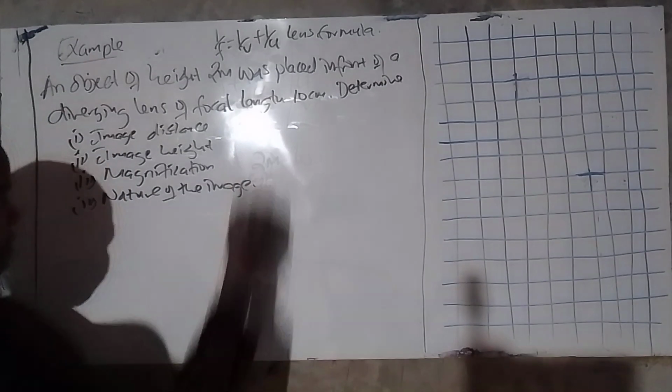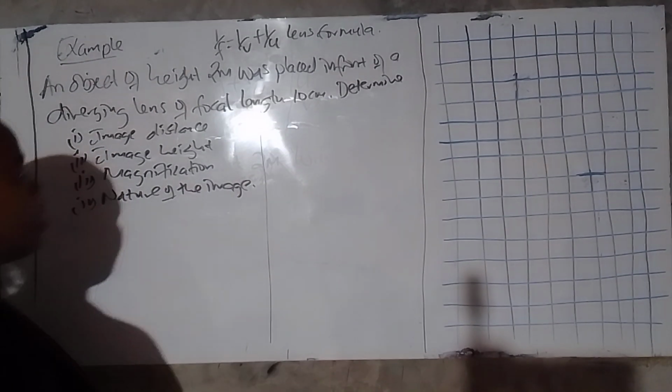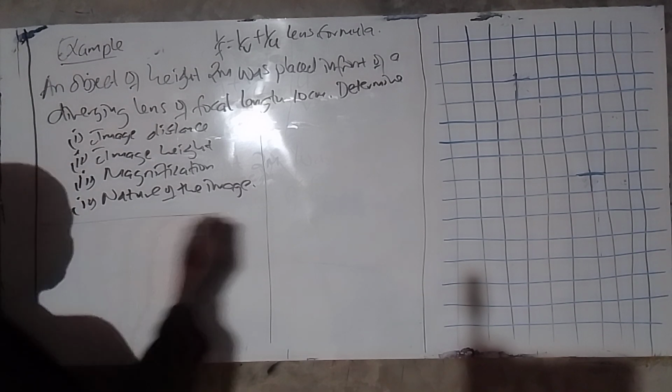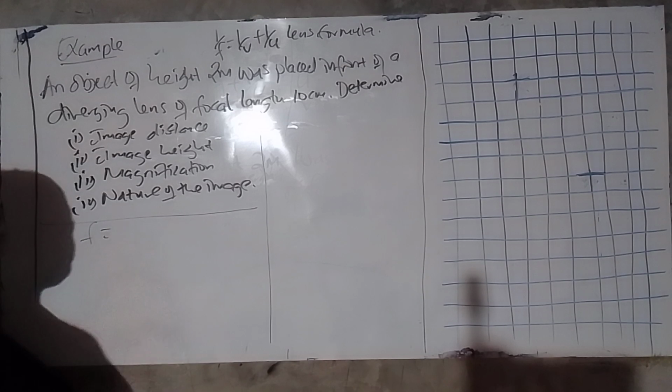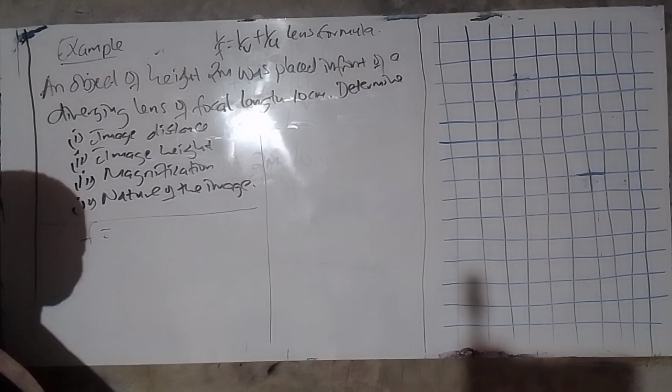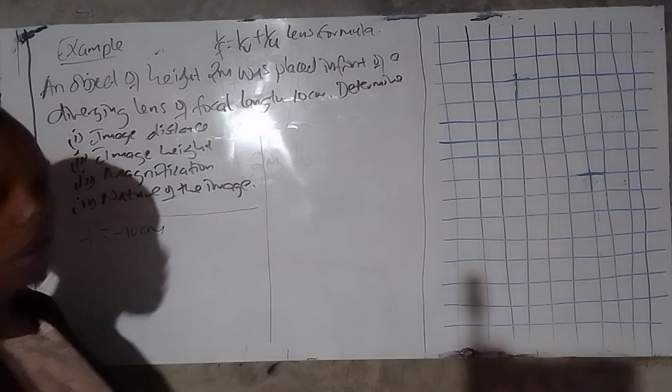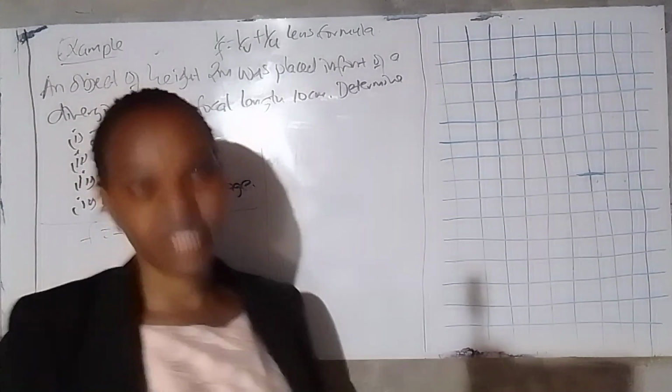So let's say we have this. So we have 1 over f. So let's start by writing what we have. So we have f. Now f is 10 centimeters, but negative. Now, why are we saying that f is negative?